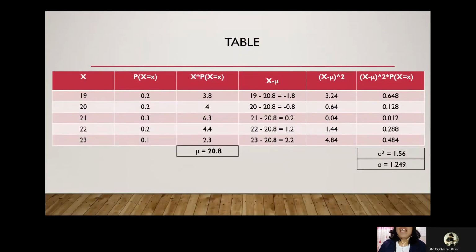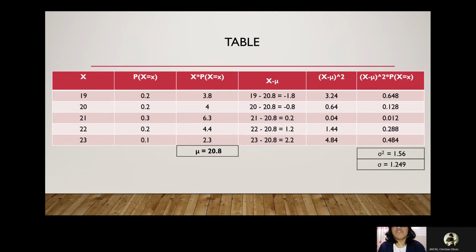Here is the table showing the full length of what I have solved, and that is the answer. I'm going to tell you now how I did it. First, we can see the variable x, which is 19, 20, 21, 22, and 23, and next to it is the probability function: 0.2, 0.2, 0.3, 0.2, 0.1.